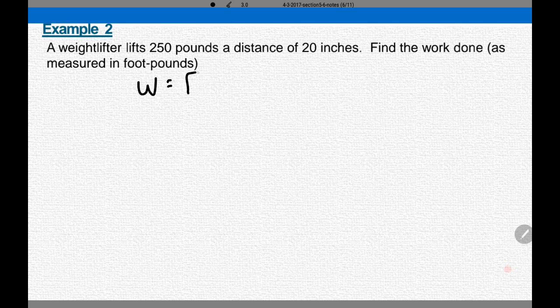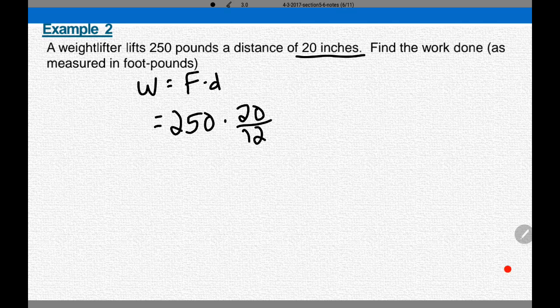We can just do force times distance, because the 250 pounds is staying 250 pounds the whole time. So we just need to change 20 inches into feet. My work is going to be 250 pounds times 20 inches out of 12 per foot.